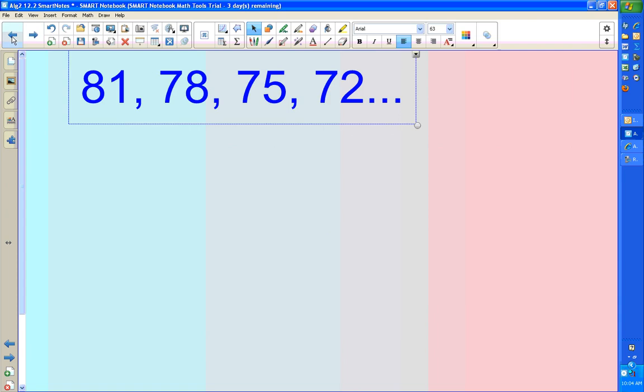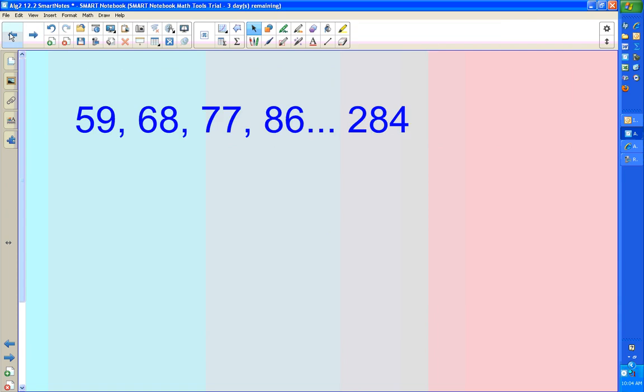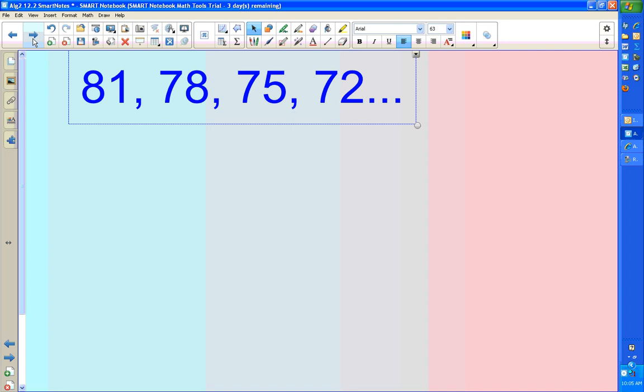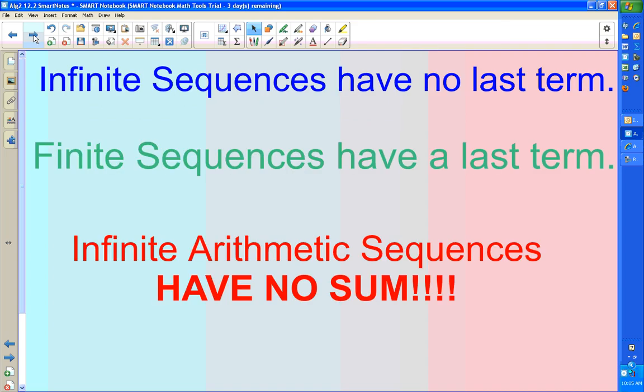So when you look back at these examples, 59, 68, 77, 86, dot, dot, dot, it ends at 284. That's finite. This one, 81, 78, 75, 72, dot, dot, dot, means it goes on forever, and it doesn't have an end. That's infinite.